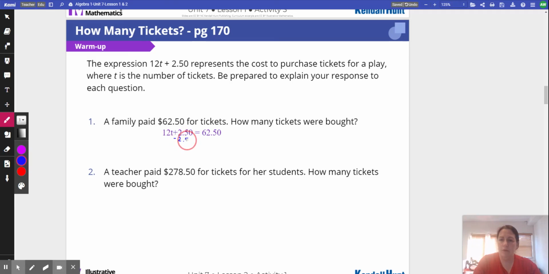If you take away 250 from 62.50, you're left with $60. Then 60 divided by 12 will tell us how many tickets they purchased. So the number of tickets this family purchased was 5.